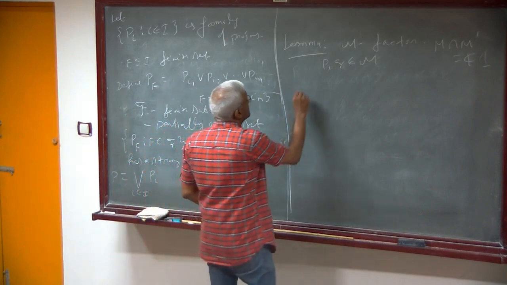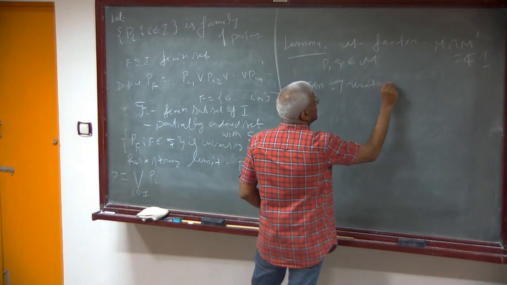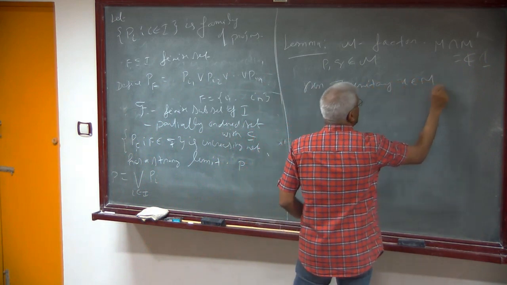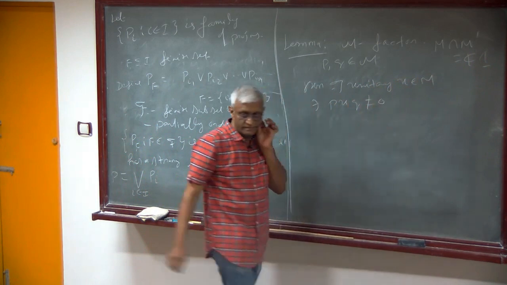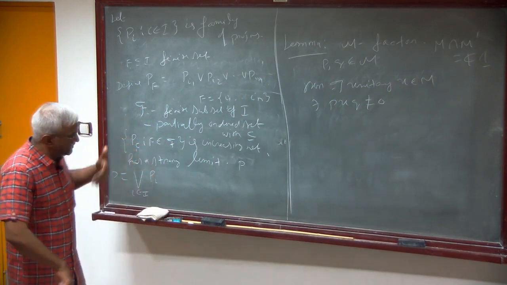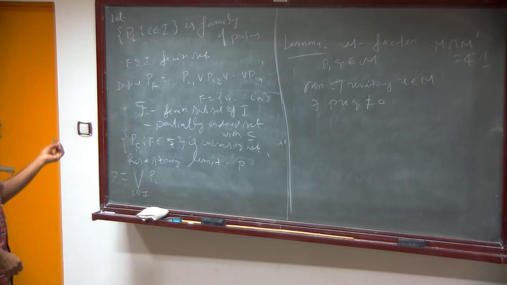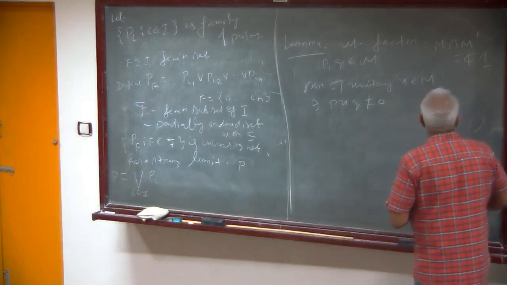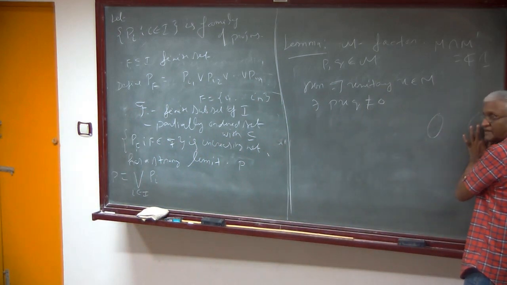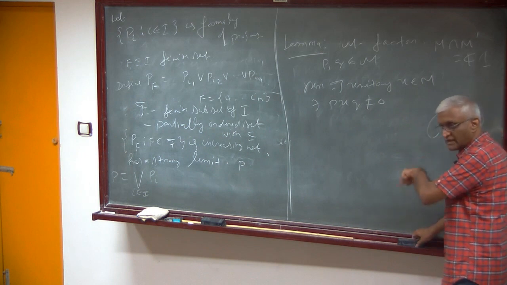Then there exists a unitary U in M such that PUQ is not equal to 0. We want to exhibit a partial isometry such that UU* comes under P and U*U comes under Q. It may not be exactly equal, but it will go to a subspace of this. That's what we want to do in the next lemma.